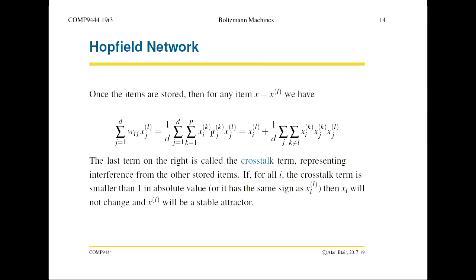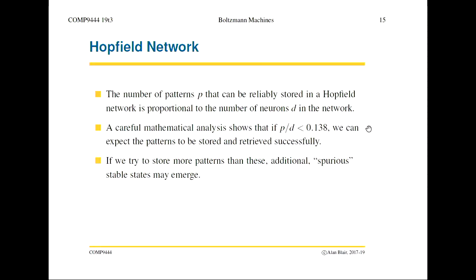And if we assume that these things are independent and you get a normal distribution, then you can figure out that probability. And that's where we get this magic number of p over d less than 0.138.